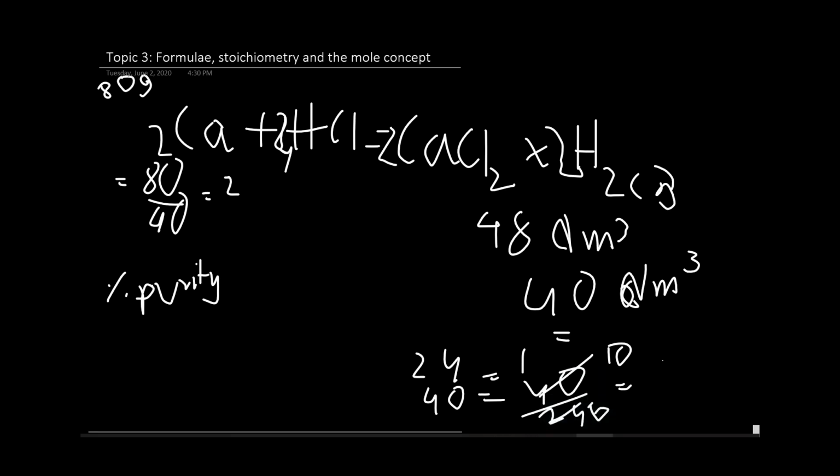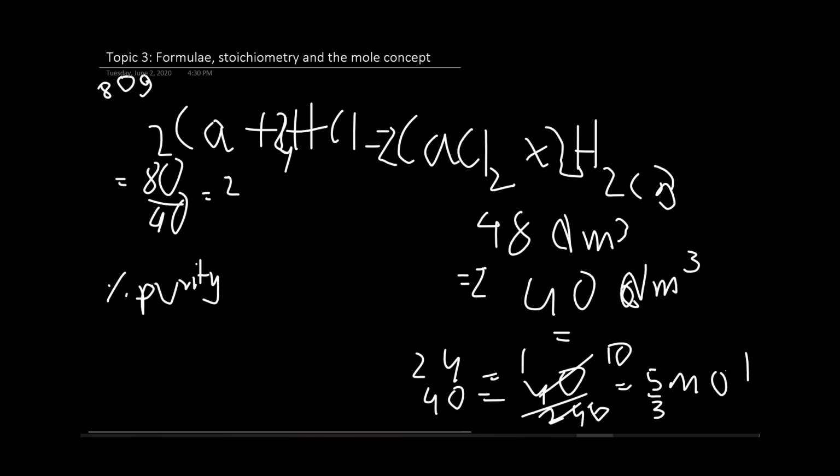So 5 by 3 moles of H2 had been formed in reality, whereas you should have received 48 dm cube, or 2 moles of H2. You had only received 5 by 3 moles of H2.